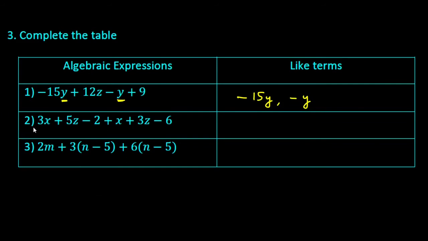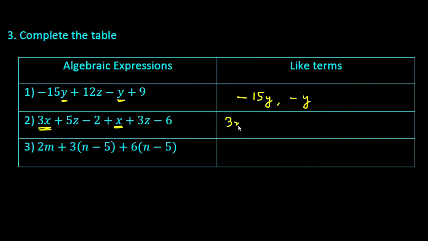Let us look at the second algebraic expression: 3x plus 5z minus 2 plus x plus 3z minus 6. So here 3x and x are like terms. In 3x we have variable x, and in x also variable x with the same exponent 1.